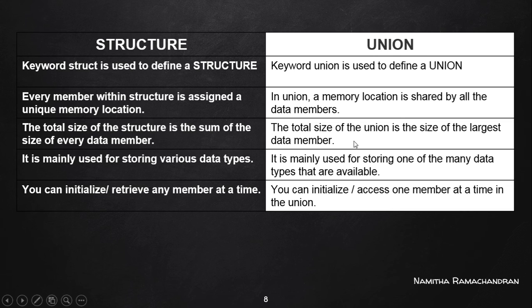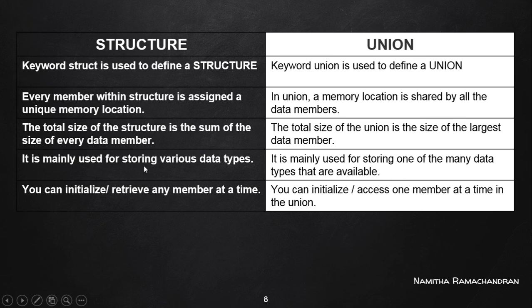But in case of union, the largest memory requirement is allotted and that space is shared by all the union members. So the total size of the union is the size of the largest data member of the union. It is mainly used for storing one of the many data types that are available.